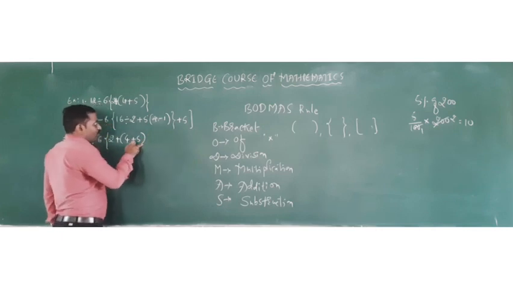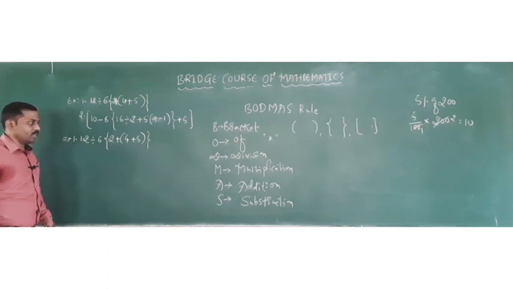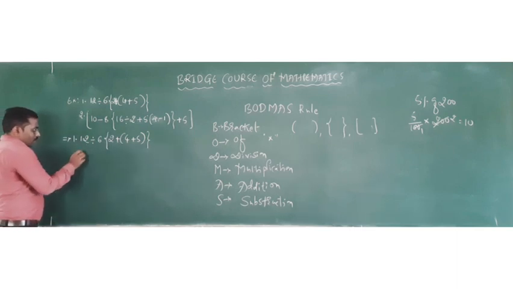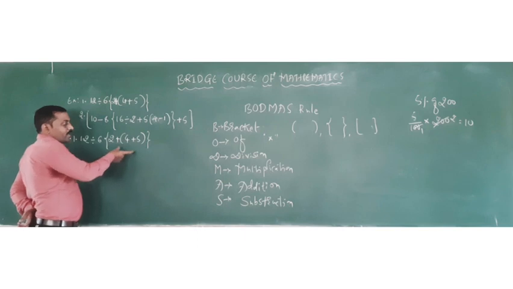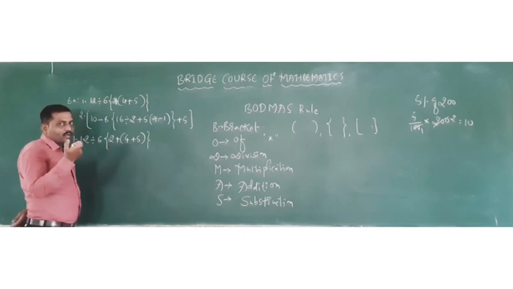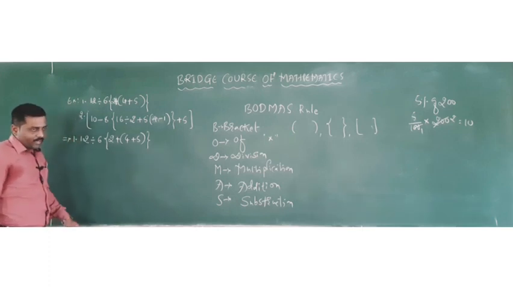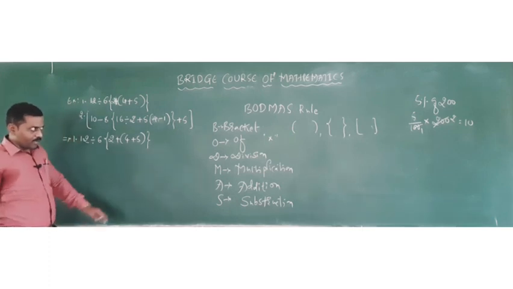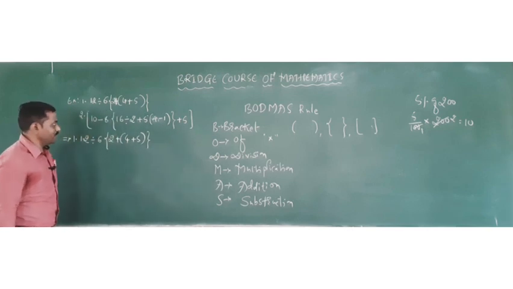So the round bracket is completed, and the flower bracket is completed. Are you agree? A very simple example. In this example, there are two brackets: one is a round bracket, another is a flower bracket. By the BODMAS rule, first remove the brackets.